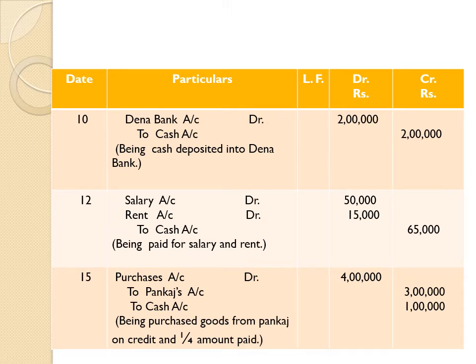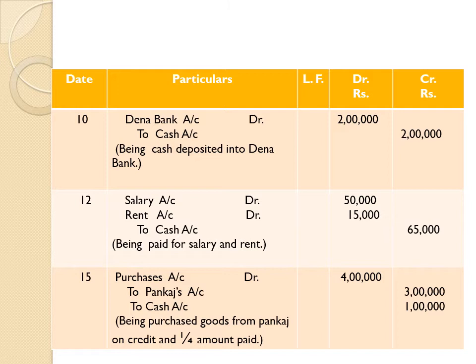Then on 10th April, cash paid into Dena Bank. So cash gone from us and received by Dena Bank. For that purpose, the entry is Dena Bank account debit 2 lakh to cash account 2 lakh, being cash deposited into Dena Bank.